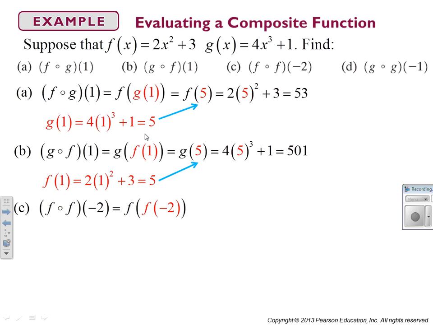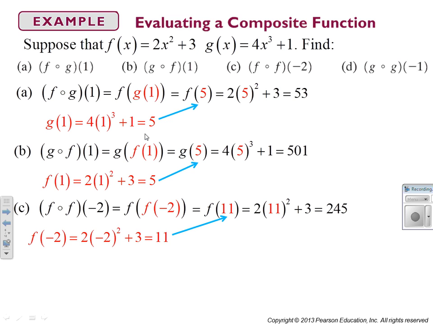Our third one, we're going to take our f function, plug in -2 and find the value, and then plug that value back into the f function. So if I take -2 and I square it, I get 4, times 2 is 8, plus 3 is 11. I'm going to take that 11 and plug it back into my f function.